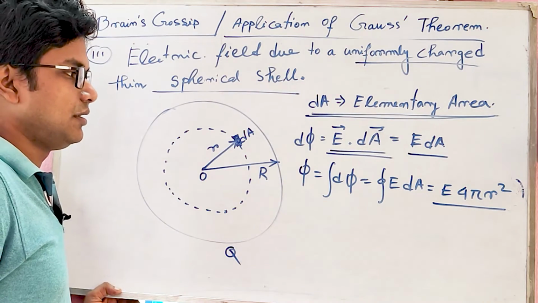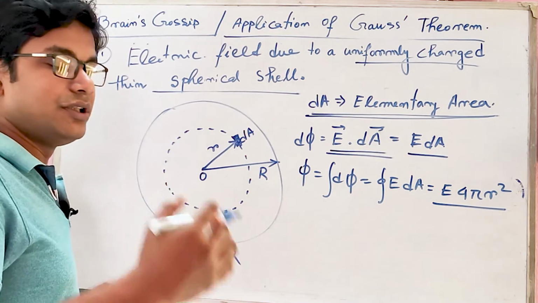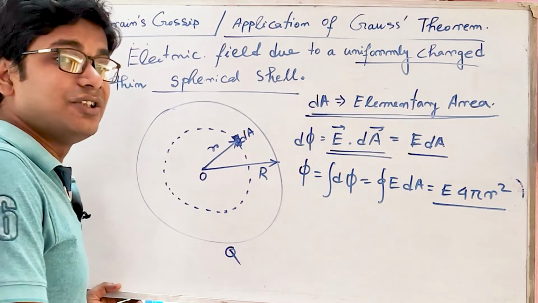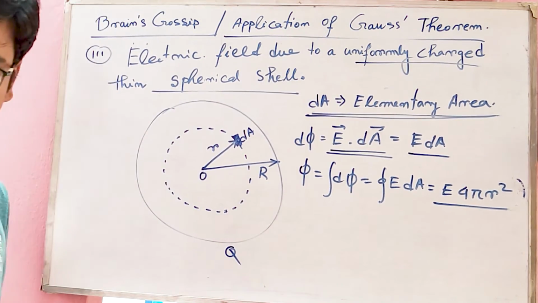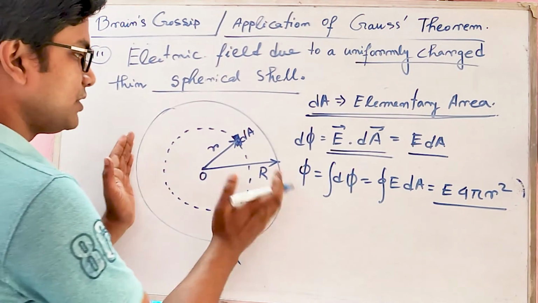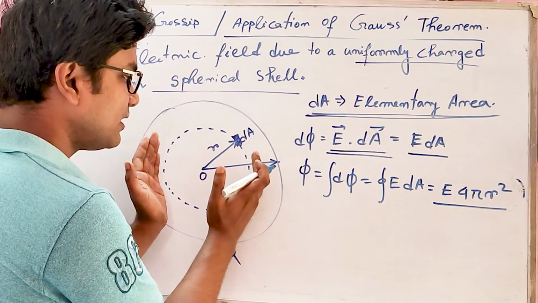We have just done this. This is quite similar, but what will be the difference? The difference will be the charge enclosed by this Gaussian surface. As you can see, the total charge q is outside the sphere, it is not inside.